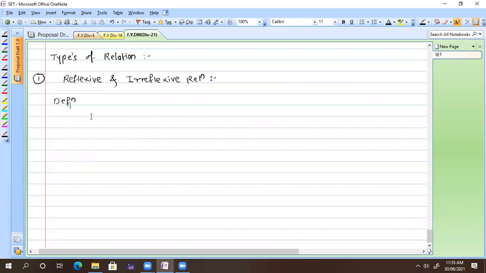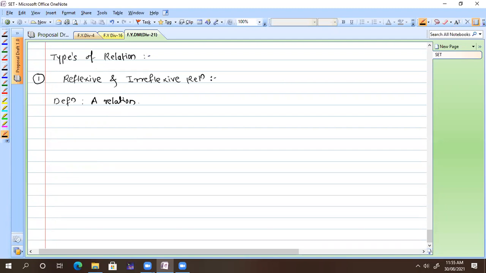Okay, write down the definition. Very simple. The definition: a relation R on a set A. What is meant by a relation on a set A? A cross A, correct.